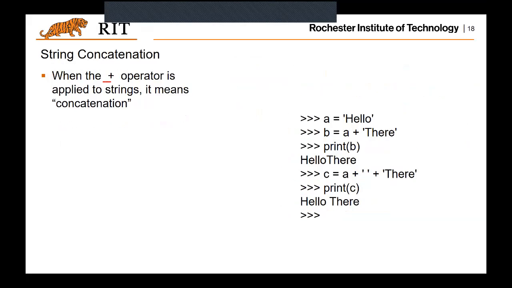Also, this plus operation basically combines 2 strings together. For example, you have one string A, which is assigned to be hello, and then you use this plus operation, appending another string behind this A, and you will have this new string showing here. But as you can see, it's not a sentence, because there's a space missing.